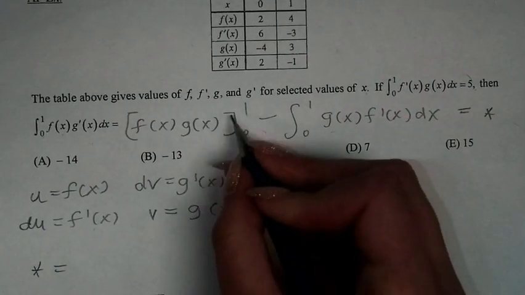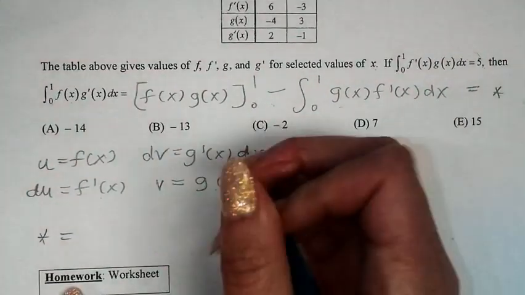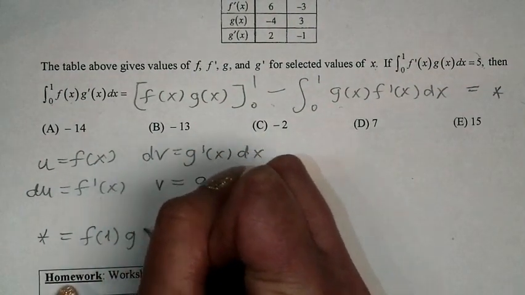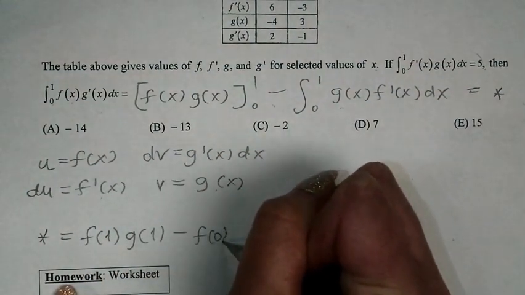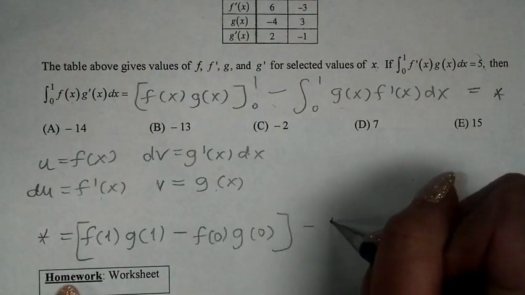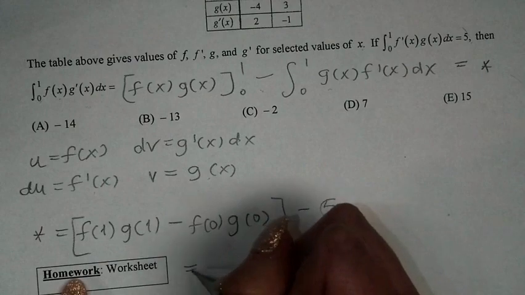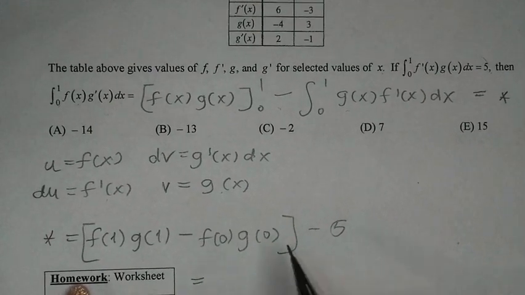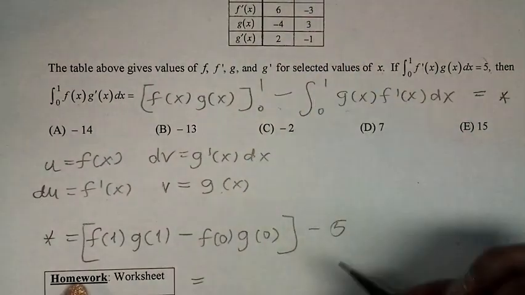So you have that by the first fundamental theorem of calculus, f of 1 times g of 1 minus f of 0 times g of 0, okay? So that's going to be your first term, and then minus 5, right? So then you go ahead and you look at your table, your f of 1 is 4, okay?